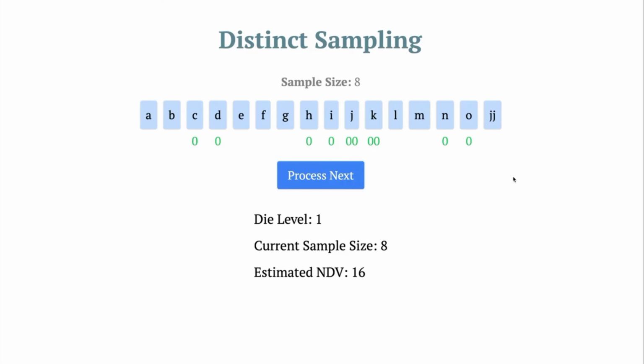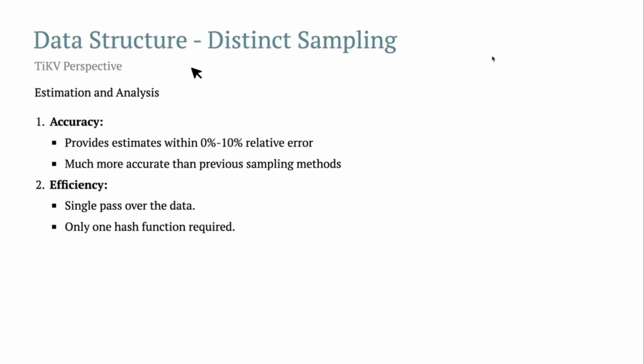If you are interested in this algorithm, you can jump into the FM sketch data structure in both the TiKV code base and the TiDB code base. They are using the same hash function and the same data structure to do this kind of work. This distinct sampling algorithm provides a more accurate estimation because it can tolerate outliers.